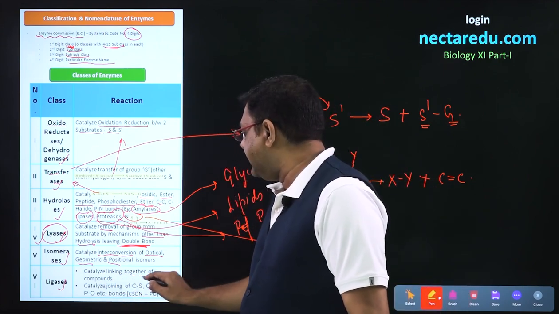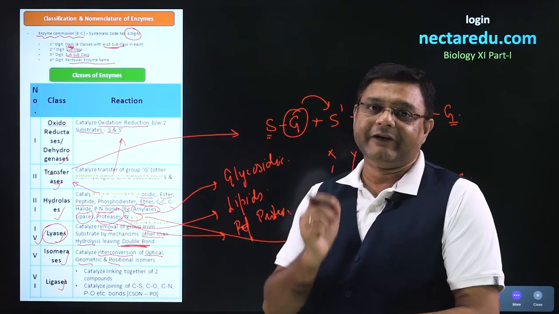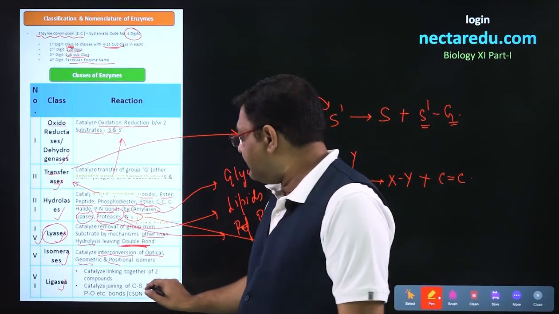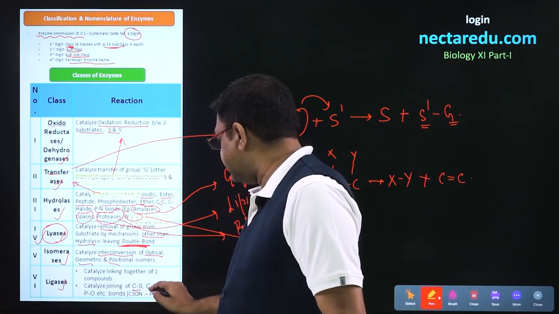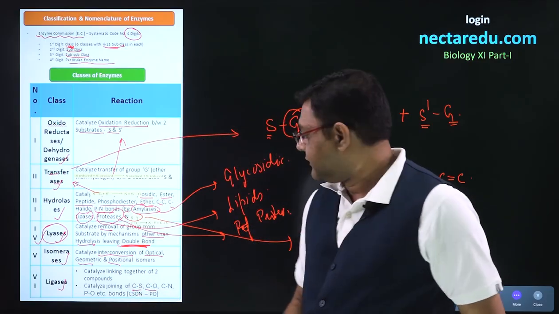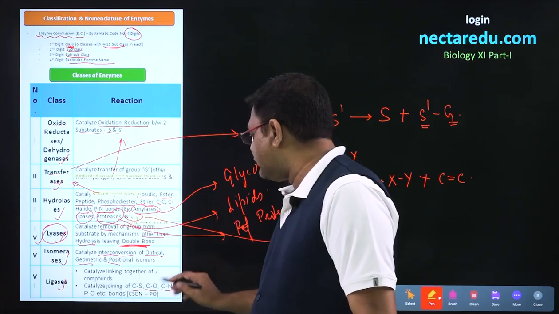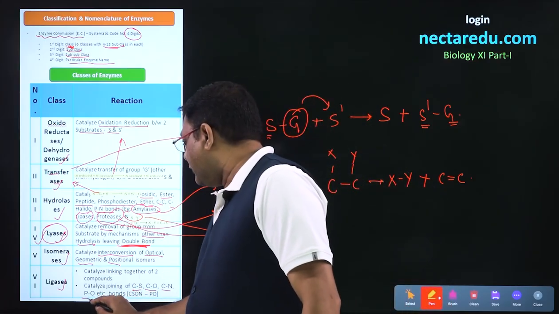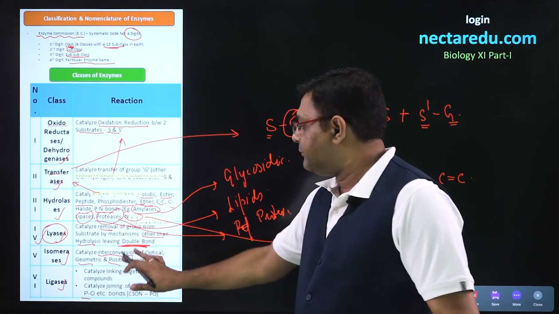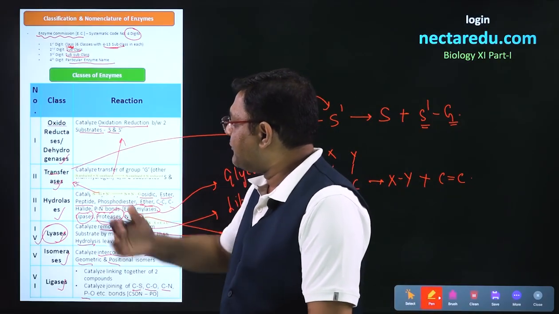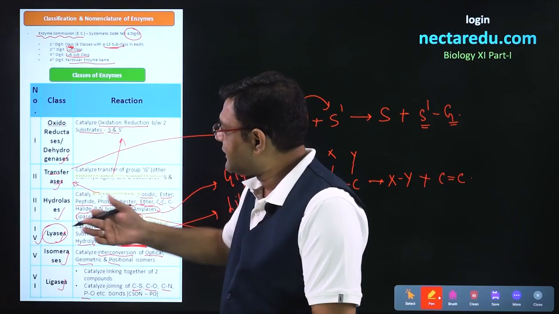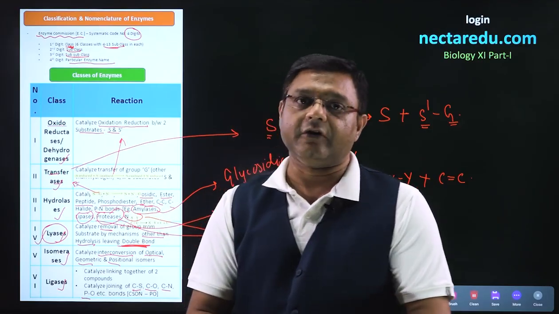Ligases catalyze the linking together of two compounds, and the bonds which they join are carbon to sulfur C-S, carbon to oxygen C-O, carbon to nitrogen C-N, and P-O bonds. So, these bonds are catalyzed by ligases. With this, we have completed the reactions present in all six classes of enzymes.